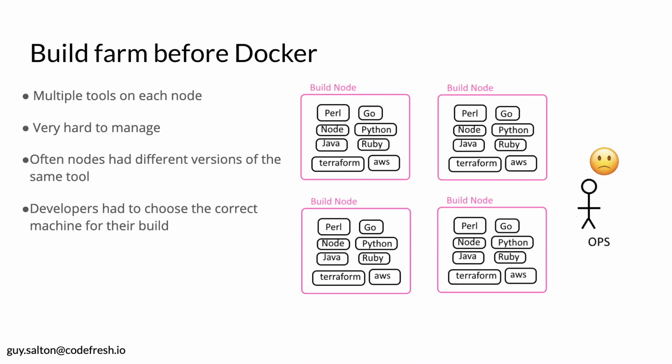But also for the developers, this is very difficult because they need to know in advance exactly which node to choose to run their pipeline, because their pipeline won't necessarily work on every build node, only on the specific node that has the exact tools that their pipeline needs with the exact versions.